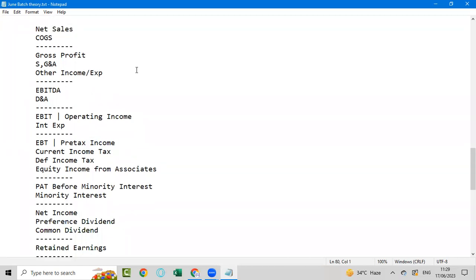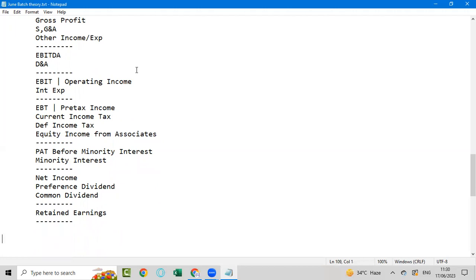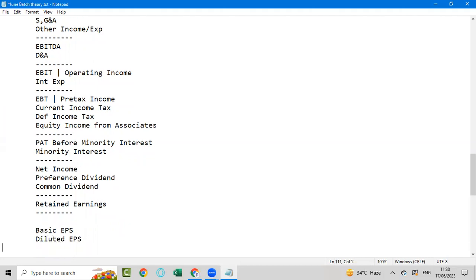You have to learn this format and write it a couple of times on paper and revise it after two to three days. You cannot afford to forget the format. Now I will explain every item, and you should remember the explanation also. So after retaining, what will we have? Basic earnings per share and diluted earnings per share.